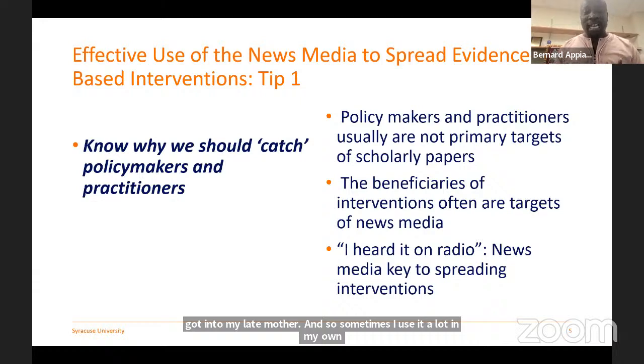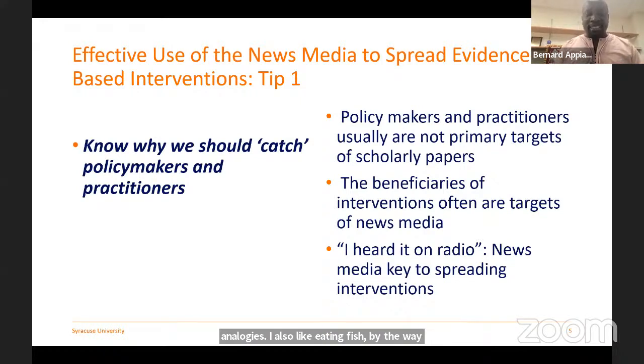So if we consider policymakers and practitioners as a fish, we have to do something about it. But first of all, as we know, policymakers and practitioners may not necessarily be the primary target of scholarly papers. Unfortunately, many evidence-based interventions get disseminated through scholarly papers.